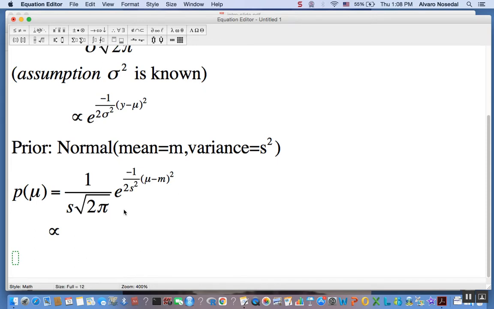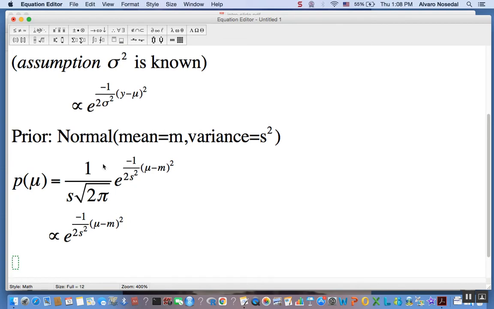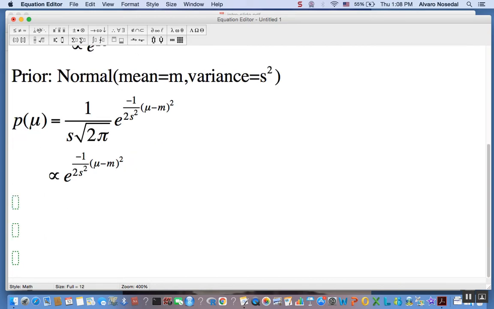Excellent. Since that term doesn't involve mu, it can be absorbed by the proportionality symbol, and so the prior is proportional to that exponential here.